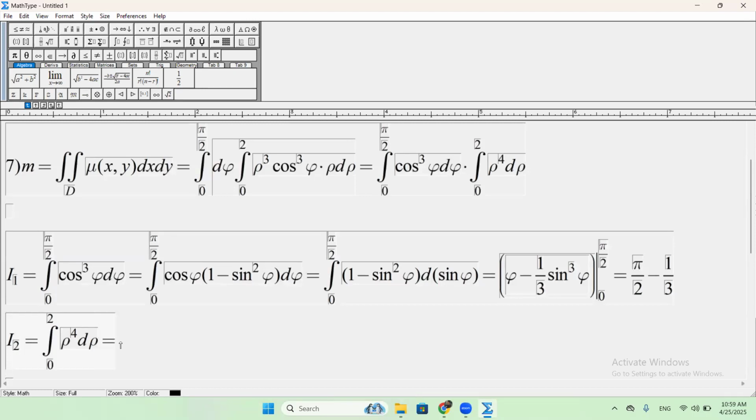And what about the second integral? So 1 over 5 rho in power of 5, with the substitutions from 0 to 2.